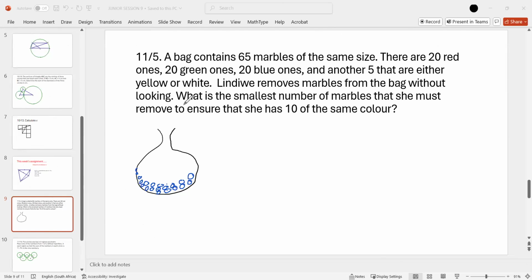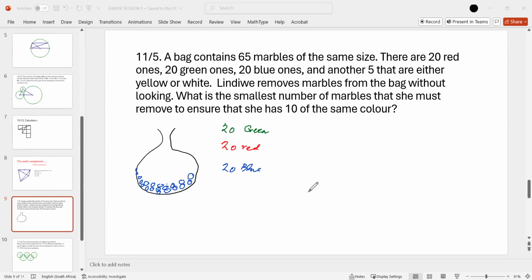And 20 of them are green. Or I should have started with red. 20 are red, and 20 of them are blue. The nice thing about this computer kind of stuff, you can actually show the colors.